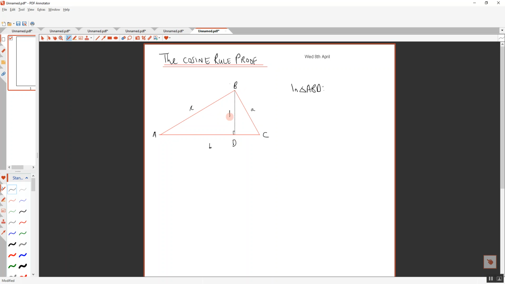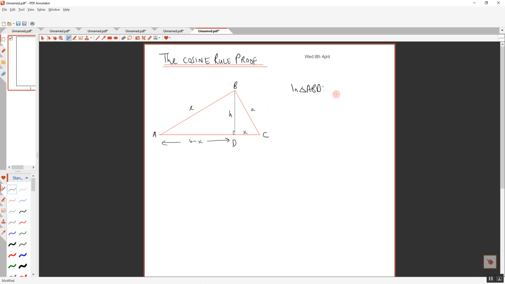Let's call this h, because by convention the perpendicular height we call h. Let's call this side DC x, which means that if this is x and the whole thing is b, then A to D is b minus x. Okay, so that's from there to there.